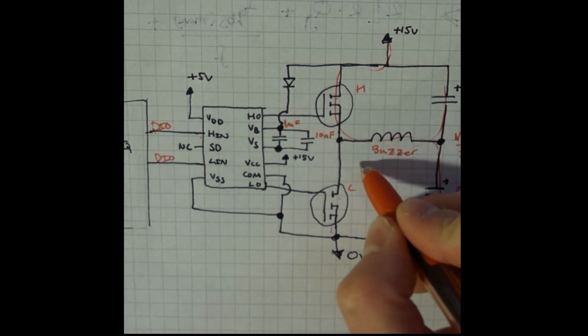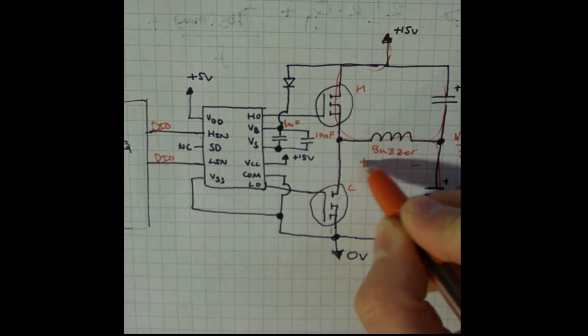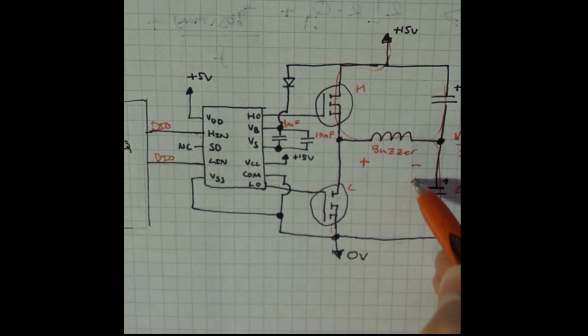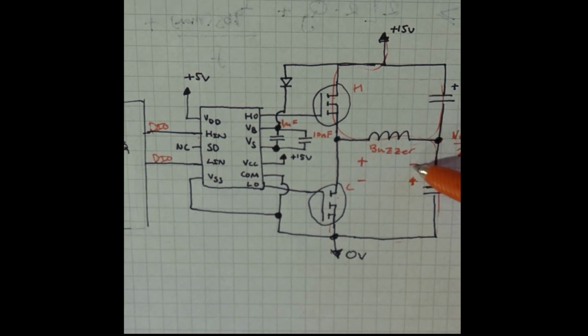And what it allows me to do is to drive on one cycle, if you like, a positive here, and then on the next cycle a positive here, and that gives me a nice switching waveform, which for the Tesla coil is beneficial because it's going between plus and minus.